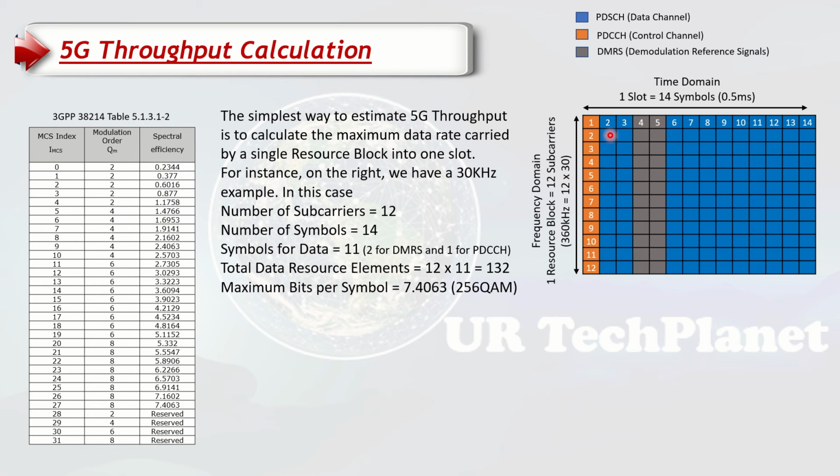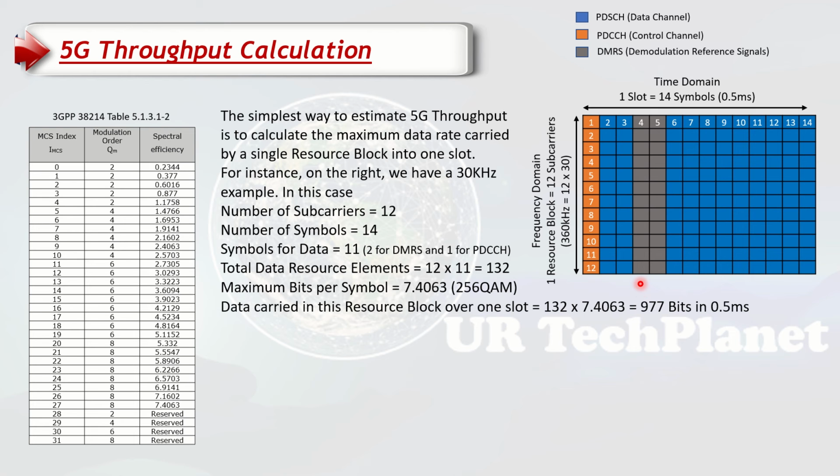So if we have 132 REs and we say the maximum bits per symbol is 7.4063, then the data that we can carry in this one resource block over one slot will be 7.4063 into 132, which is equal to 977 bits.